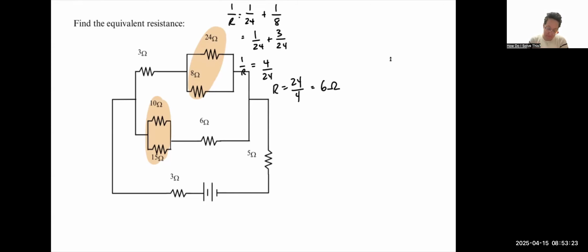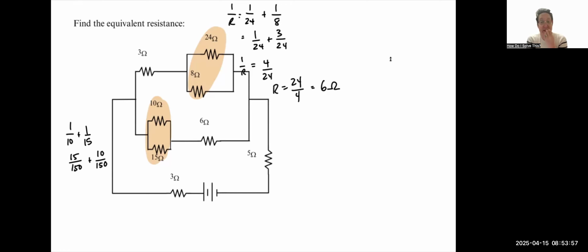Over here, 1 over 10 plus 1 over 15. Look, I know when I'm adding fractions, best practice is to use the least common multiple, the least common denominator. I'm just going to do a common denominator. This one is a great example of a place where my brain would see 15 over 150 and 10 over 150 before it would see 30.